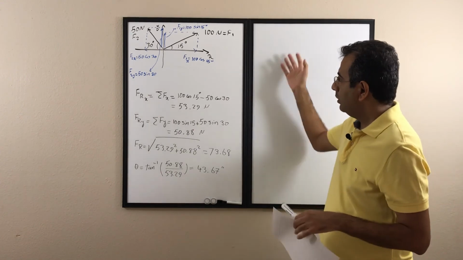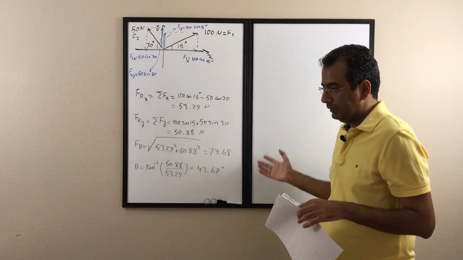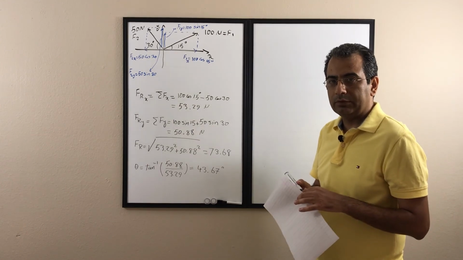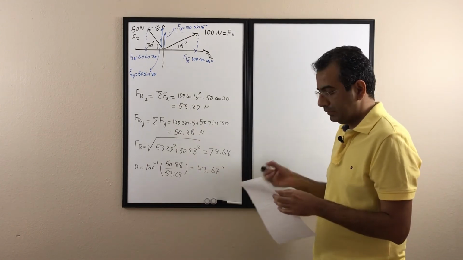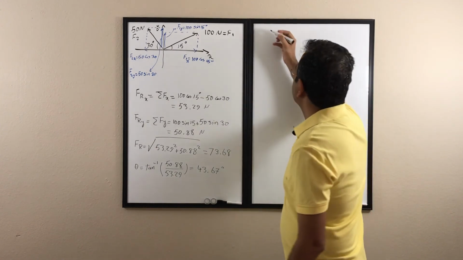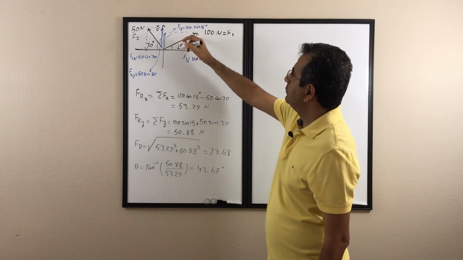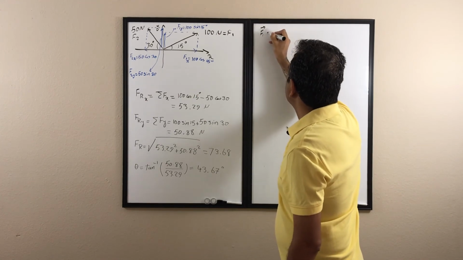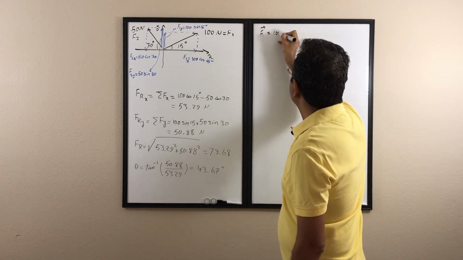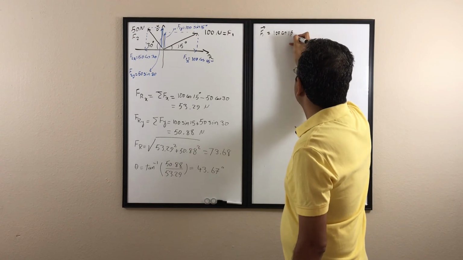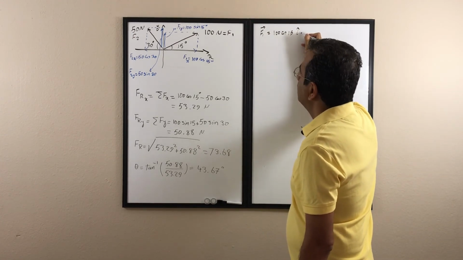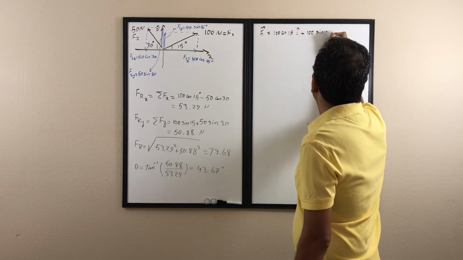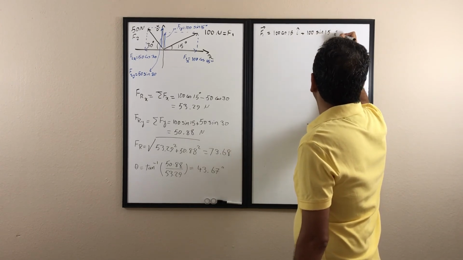Now I'm going to show how to do the same thing but using the Cartesian notation. In Cartesian notation, first we write each vector by its components. So F1 is going to be 100 cosine 15 i plus 100 sine 15 j.